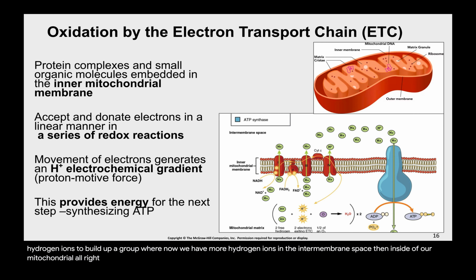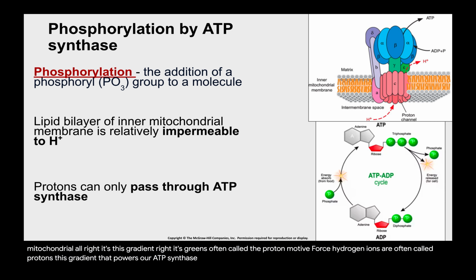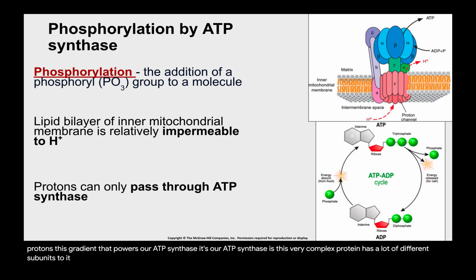It's this gradient that's often called the proton motive force. Hydrogen ions are often called protons. It's this gradient that powers our ATP synthase. So our ATP synthase is this very complex protein. It has a lot of different subunits to it. And it's this protein that can phosphorylate ADP molecules.